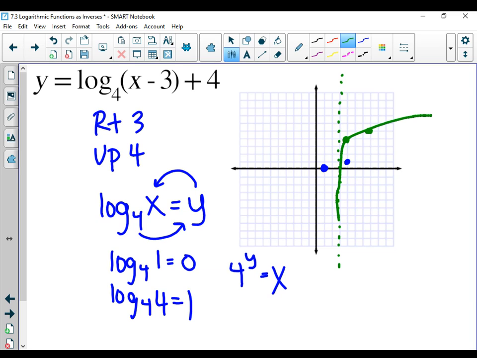And now I have my graph, which went a little wonky there going down the asymptote.